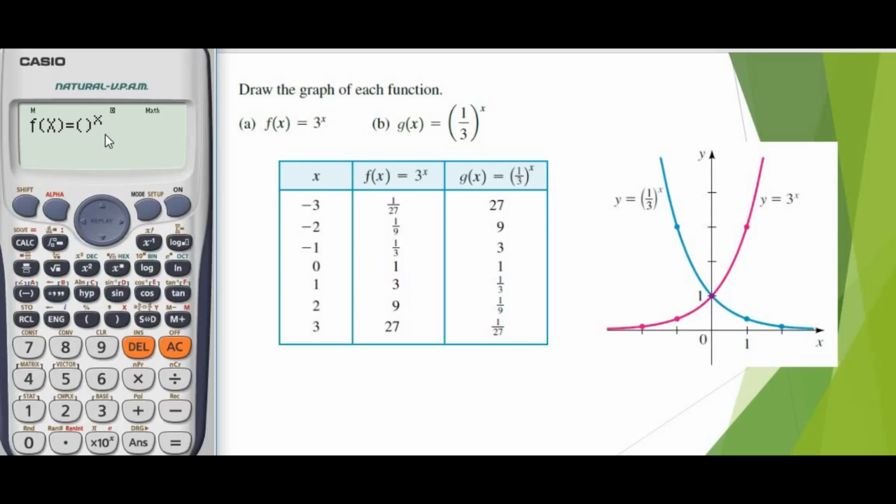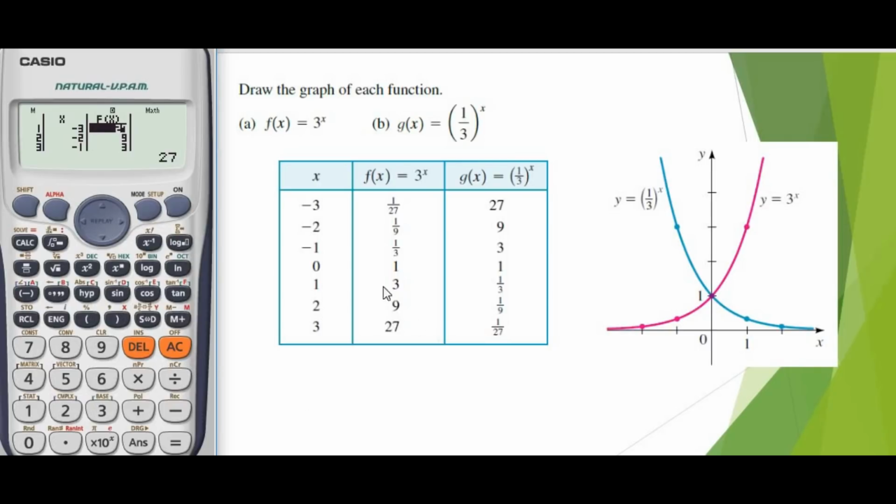So we press the left arrow, we press this key here, and we provide the value 1/3. Okay, so checking our equation, we'll press equals. We'll start again with -3, and we'll end with 3. And again, our step increment would be 1. So there we have it, our corresponding values.